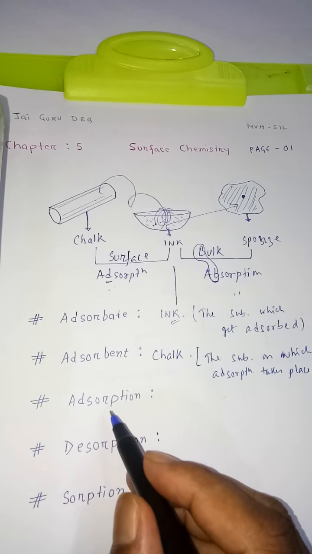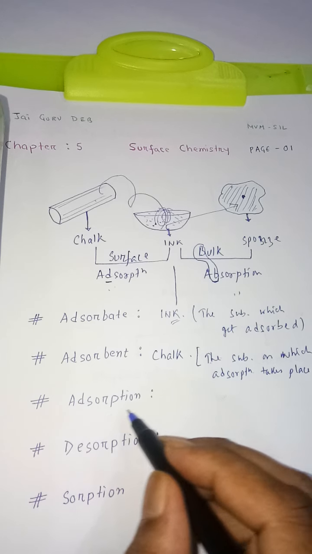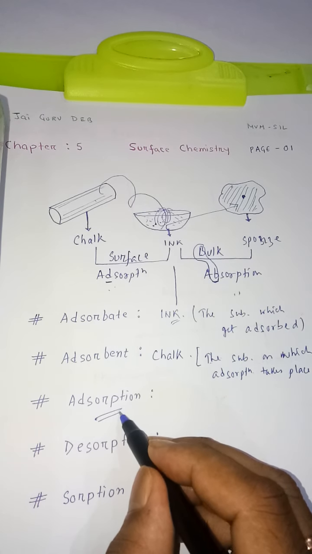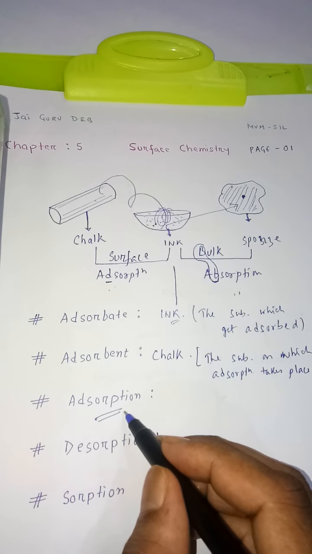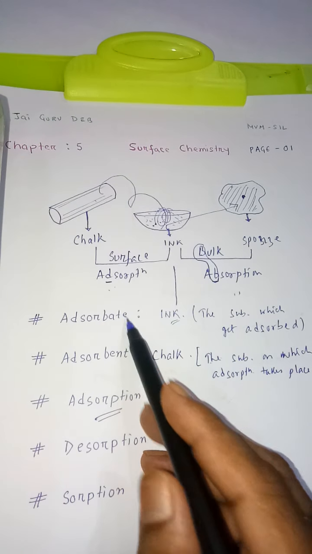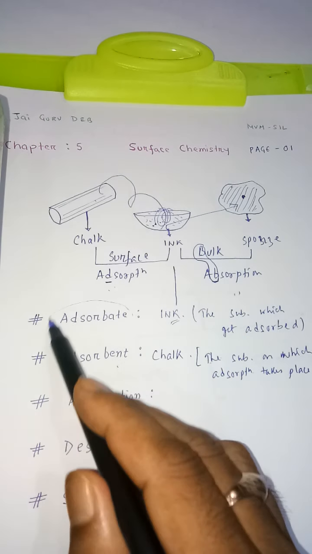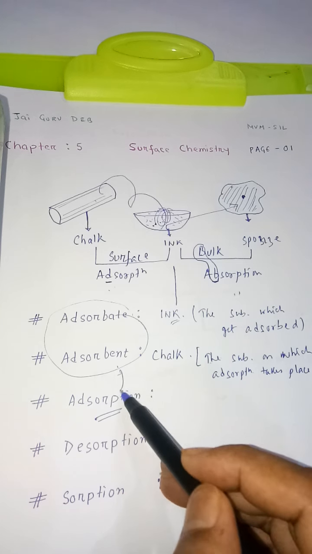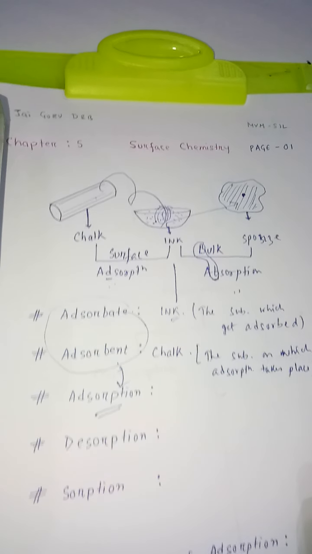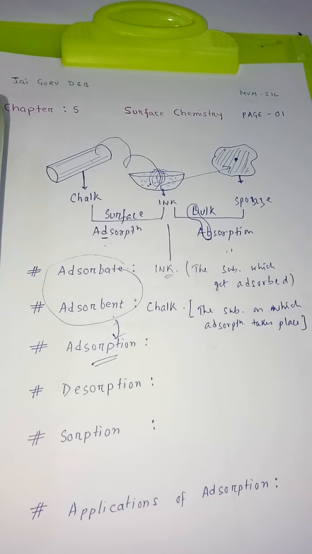Next definition is adsorption. So the phenomenon occurring here is called adsorption. Means adsorbate and adsorbent together give you the term adsorption. Then we have to take another term. This is the desorption.